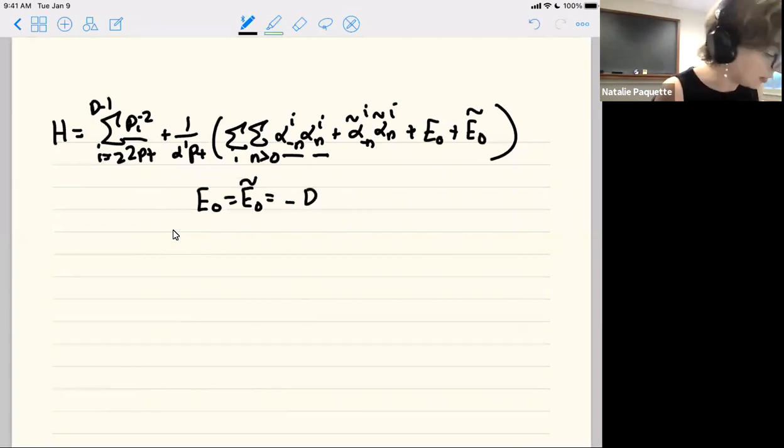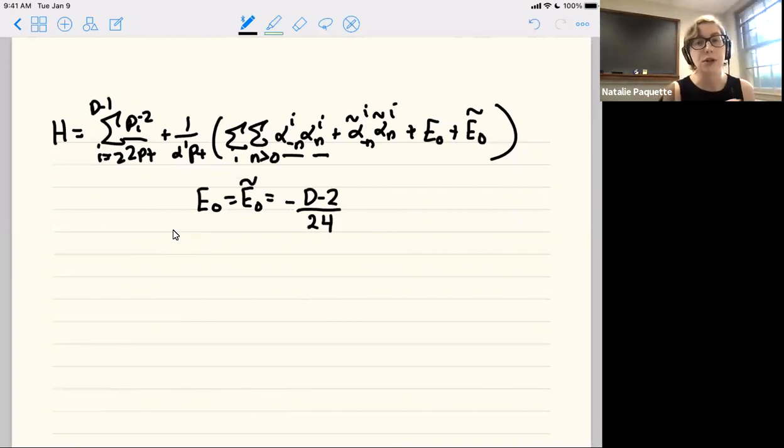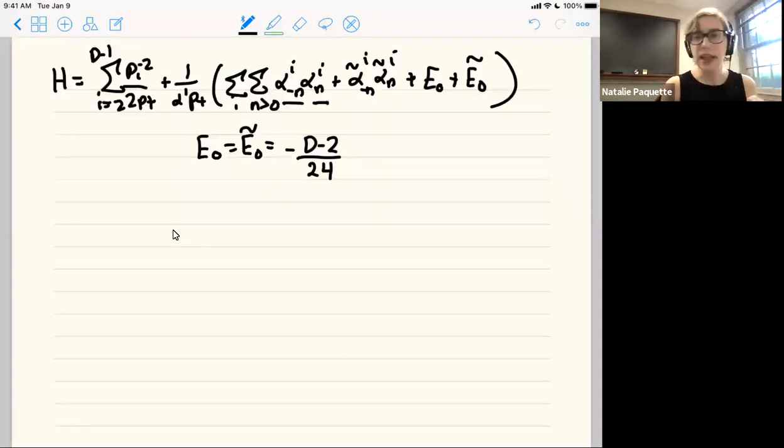All of the ways of doing the computation agree, and they give you a constant answer for these zero-point energies in terms of the space-time dimension of our target space. And in fact, there are nice ways to get around having to do a divergent sum that involve tracking the symmetries of the problem a little bit more carefully. And again, Polchinski does this in the most beautiful way.